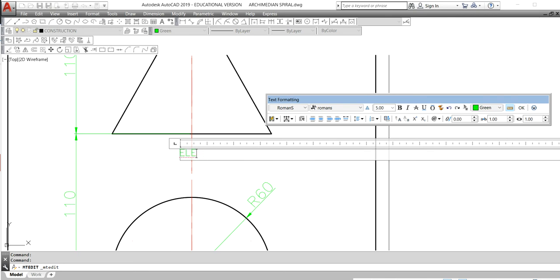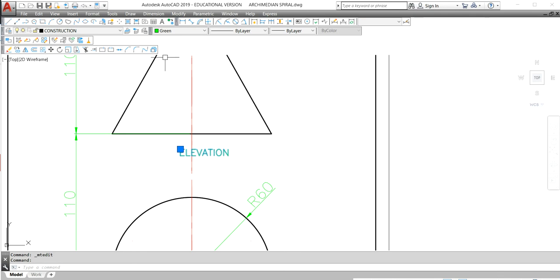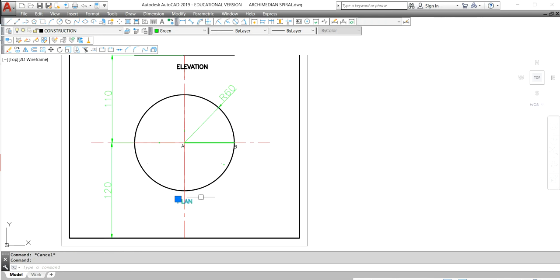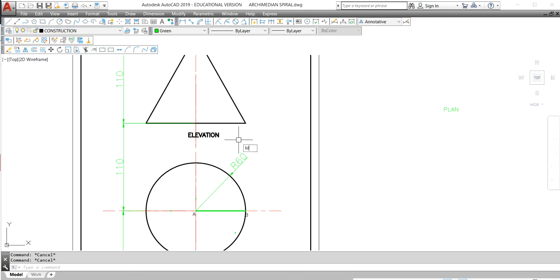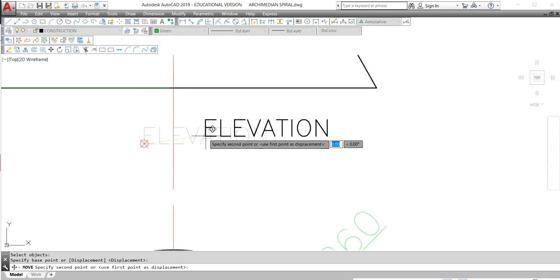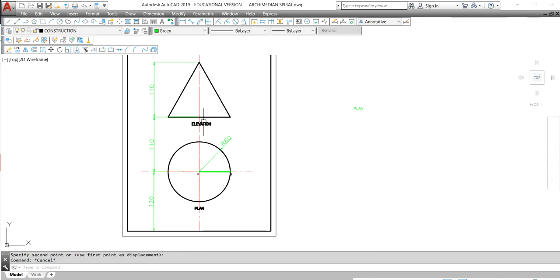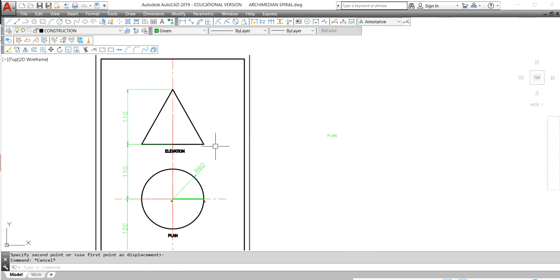This one is elevation, which stands for front. Always write 3 to 5 millimeter wording and do it properly and neat. Okay, so here we have an elevation and the plan of a right cone.